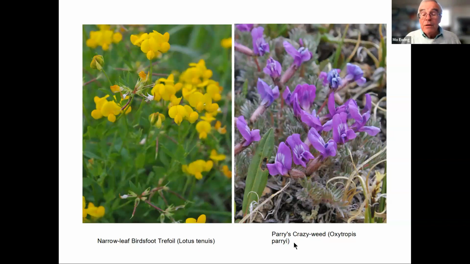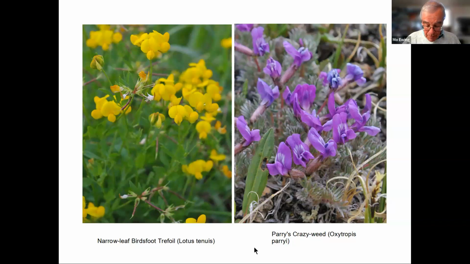Another one is Parry's crazy weed, Oxytropis parryi. In this case, the species name is named after the fellow who first identified it, Parry. Sometimes the species name, which is the second name, is descriptive, and sometimes it's just named after the botanist that discovered it.